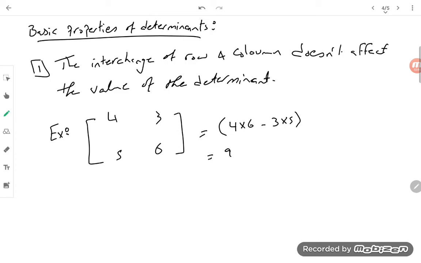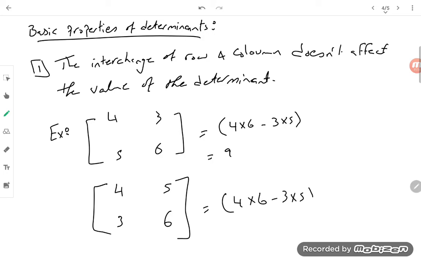If you interchange a row with a column, it will be 4, 5, 3, 6. If you calculate the determinant, it will be 4 multiplied by 6 minus 3 multiplied by 5, so it will be the same, which is 9. So if you interchange rows and columns, the determinant will be the same.